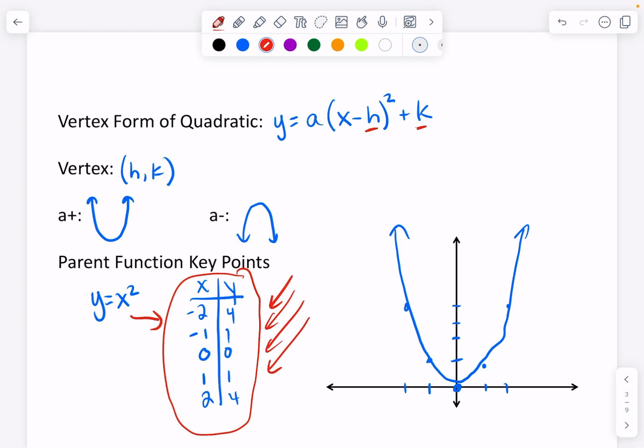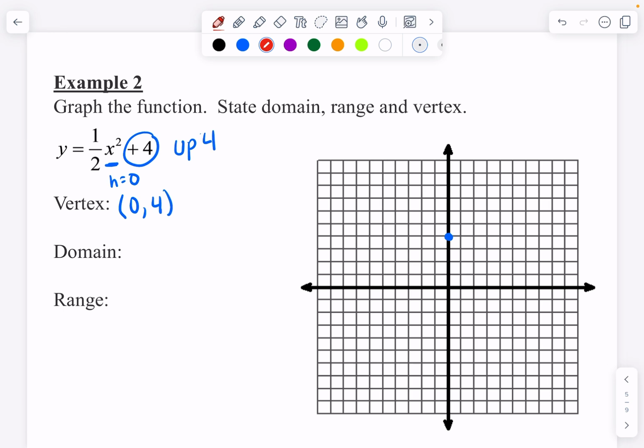It doesn't affect the x's. It cuts the y's in half. So I would go left and right 1, but only up 1/2. Left and right 2, but only up 2, because half of 4 is 2. And again, my domain is all real numbers. I'm using my abbreviation. Your range: your vertex is 4, it's a minimum, so y is greater than or equal to 4.